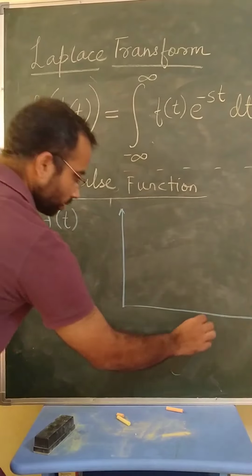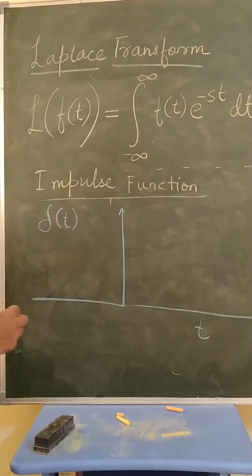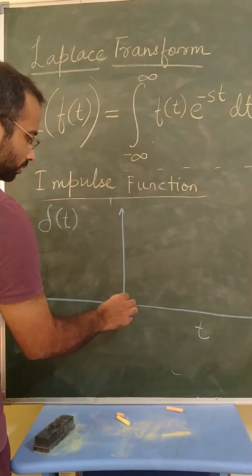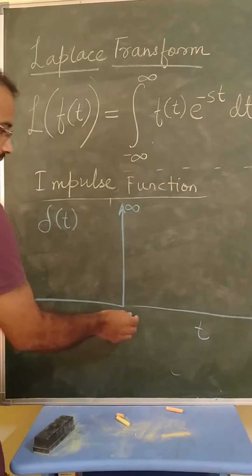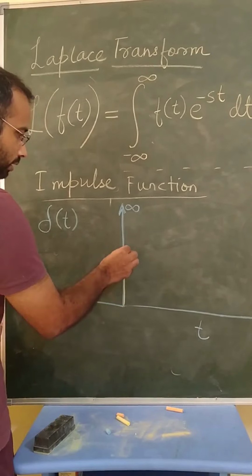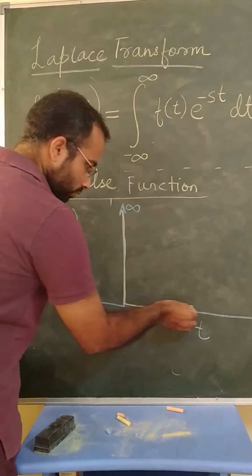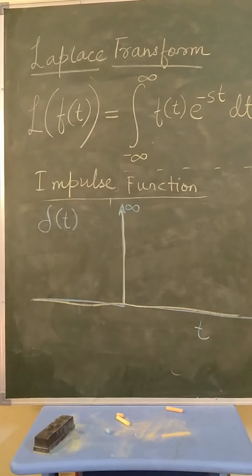For all negative values of time t, it is 0, right? At t equal to 0, it goes to infinity, and then for all other values, it is 0. So it goes to infinity here, it is 0 here, and 0 here. This is your impulse function.